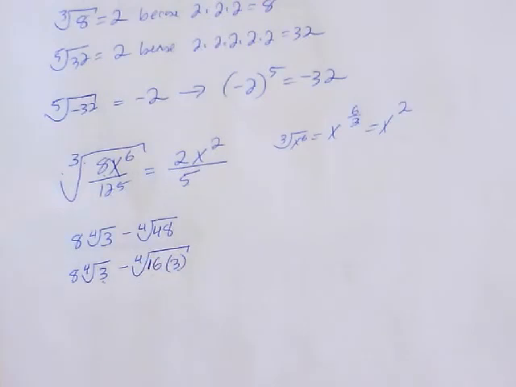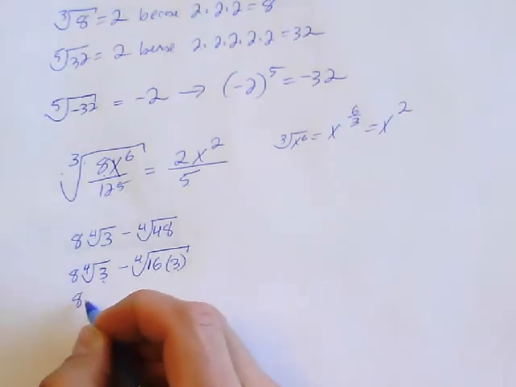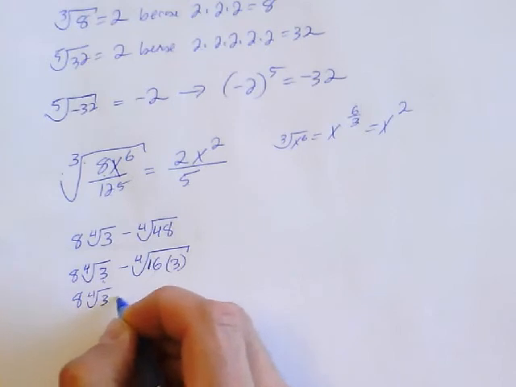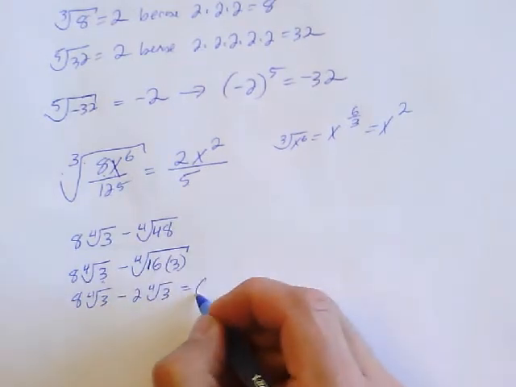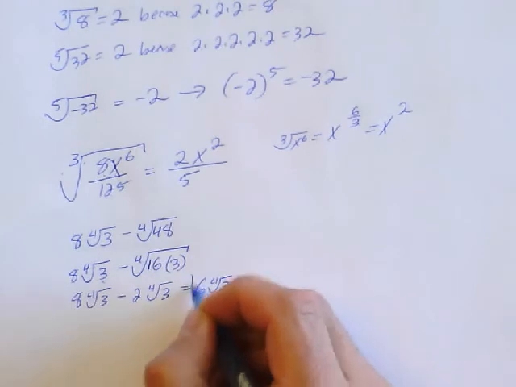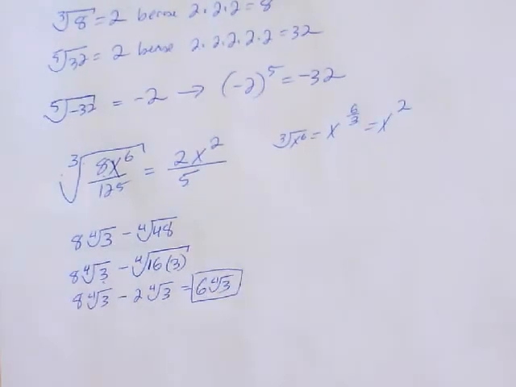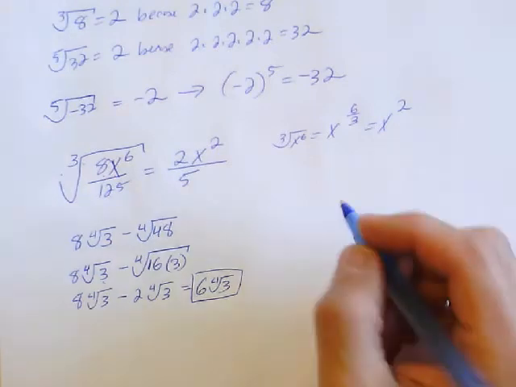That something is 16. Now the fourth root of 16 is 2, because 2 times 2 times 2 times 2 is 16. So 8 times the fourth root of 3 minus 2 fourth roots of 3 gives us 6 fourth roots of 3. So all the operations, everything we were doing before, holds the same.